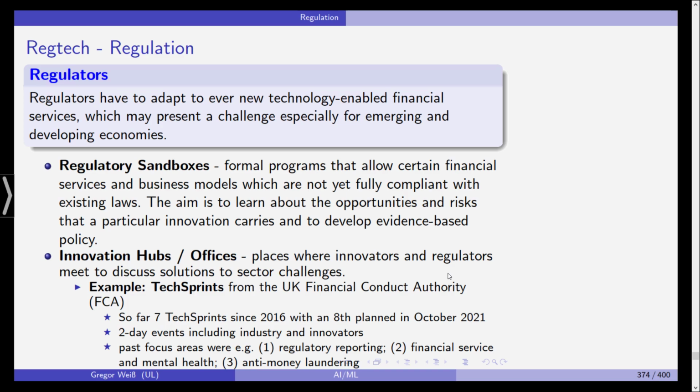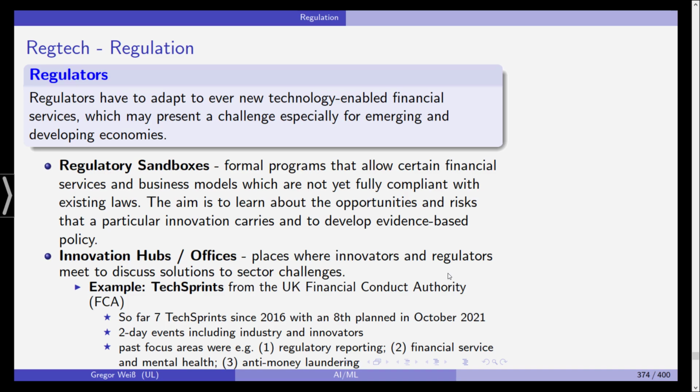Some regulators, like the UK FCA, actually also have innovation hubs or innovation offices. These are places where innovators and regulators meet to discuss solutions to the challenges of the financial sector. And what has been done, for example, in the UK, were seven tech sprints, two-day events, including industry representatives and innovators.